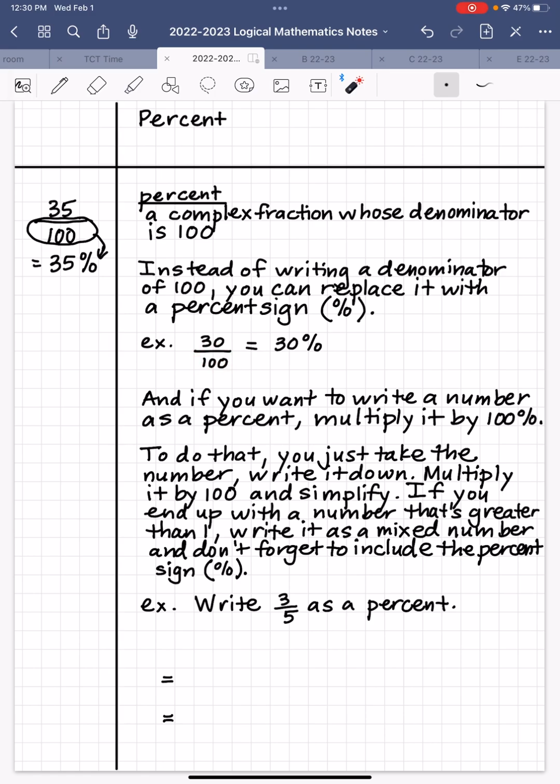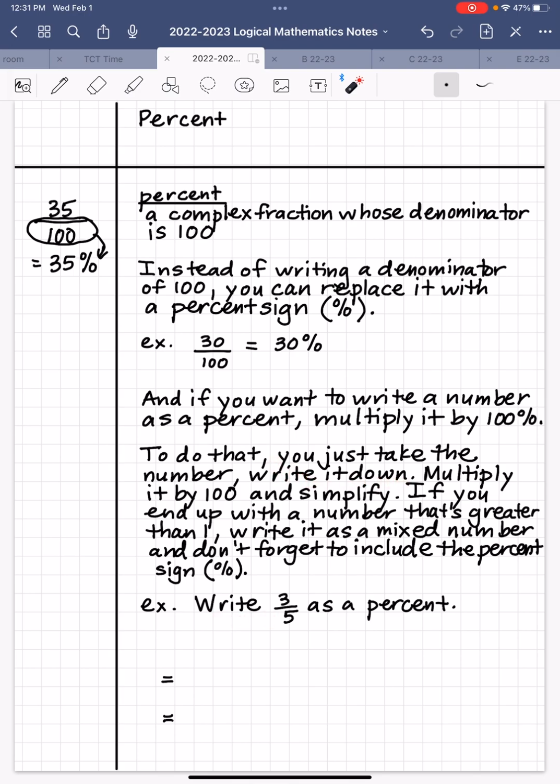All right, now we get into the second part of this, which is how do I write a number as a percent, okay? So the lyrics go, and if you want to write a number as a percent, multiply it by 100%. To do that, you just take the number, write it down.